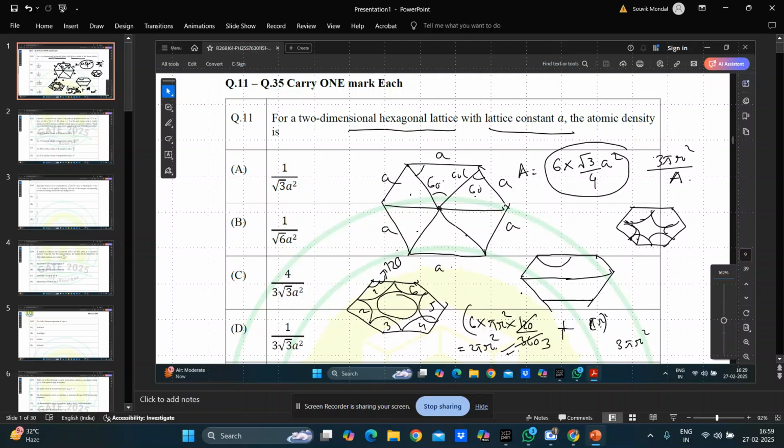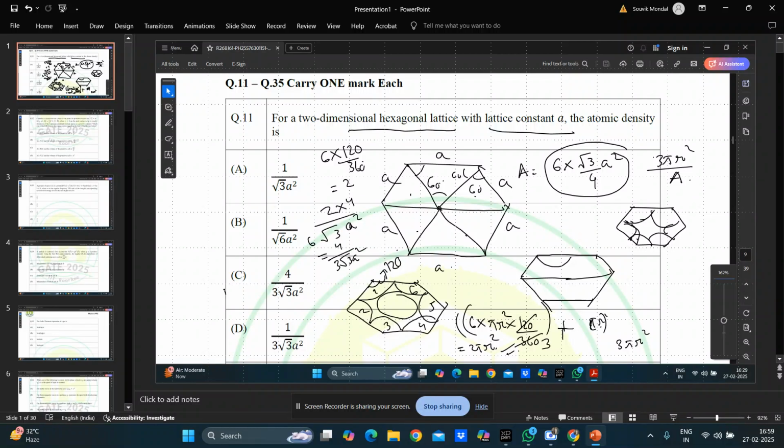Now they are asking about the atomic density. So what is the number of effective atoms present there? This configuration gives you 2. So 6 into 120 by 360 is equal to 2, right? So the density is 2 divided by 6 into root 3 by 4 into a square, so the number is 4 by 3 root 3 a square.